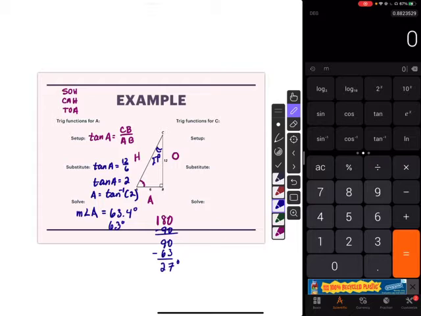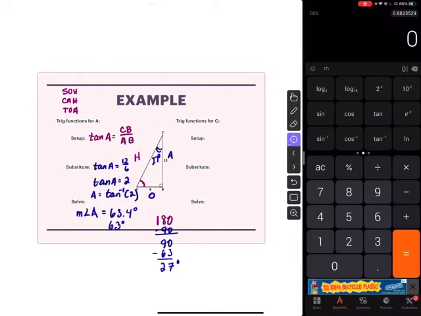But we want to be able to solve for C by using our trig, because that's what we're practicing. But now we can see if our trig is working if we actually get that 27 degrees. Now, to find C up here, we're going to have to reset our opposites and our adjacents here. So I'm going to erase a little bit. And now the opposite side is over here and the adjacent side is over there.